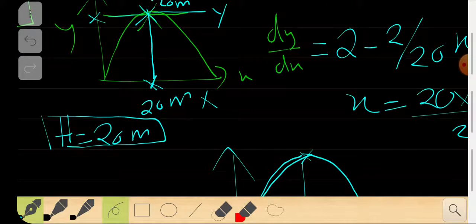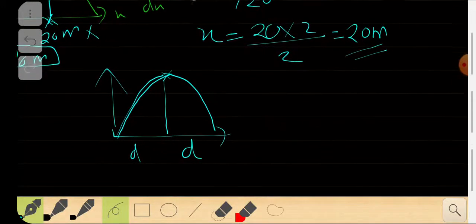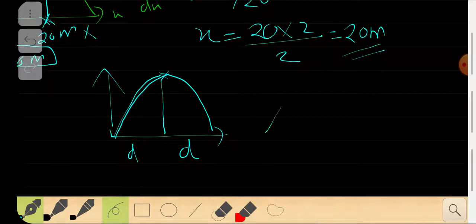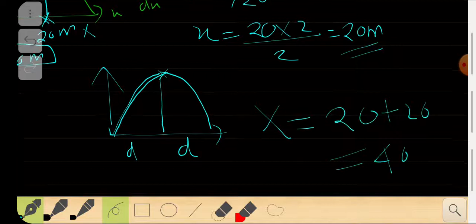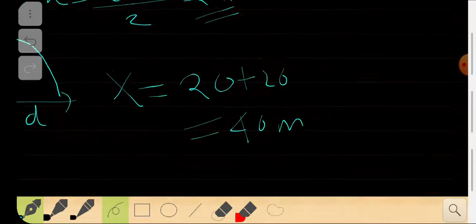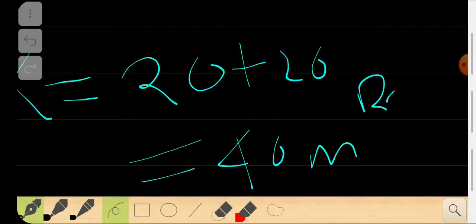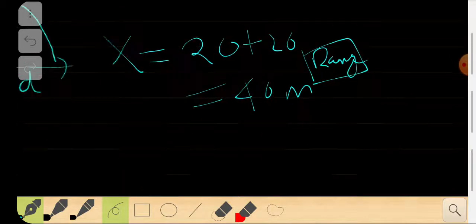So if you have 20 meters for the peak, then the next 20 meters will be the rest of the trajectory. So the range is 20 plus 20, that's 40 meters. So the range is also found out.